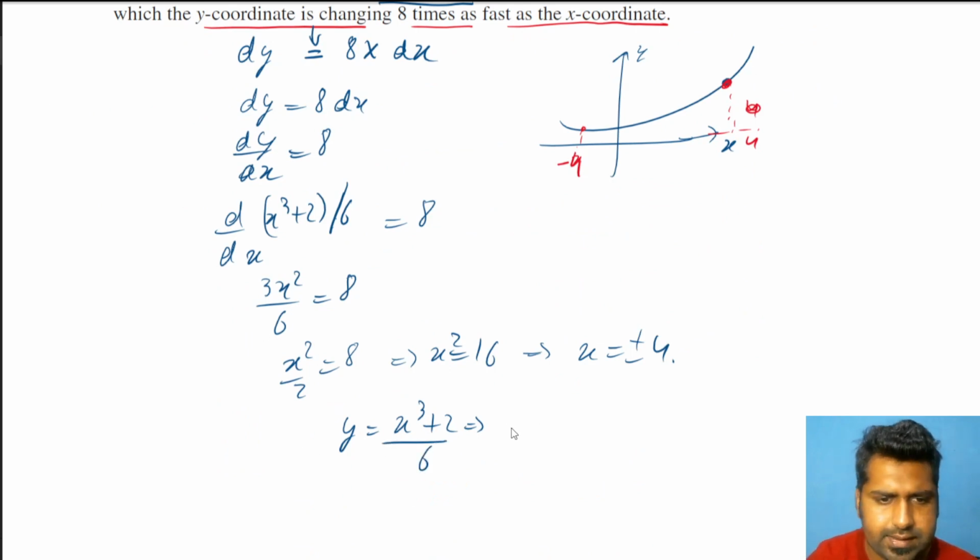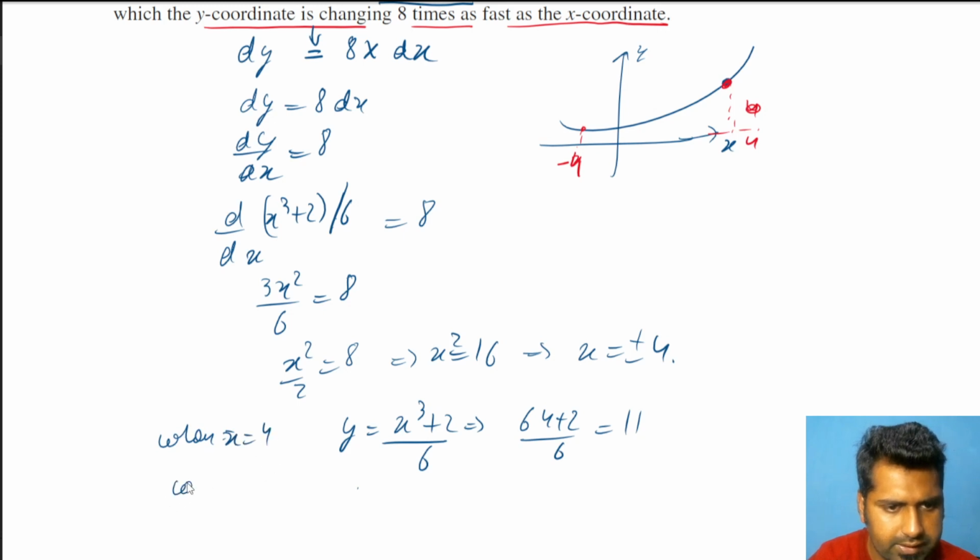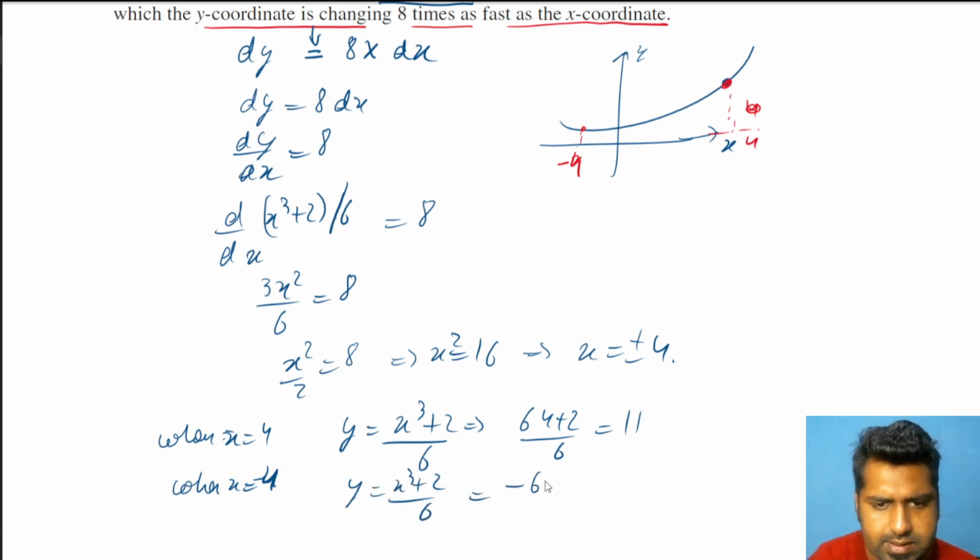So when x is 4, 64 plus 2 by 6, that's 11. And when x is minus 4, it will come in fraction, I think. y is x cube plus 2 by 6, so minus 64 plus 2, that's minus 62 by 6, that's minus 31 by 3.